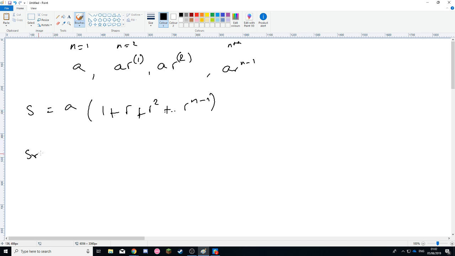Now Sr is equal to ar plus ar squared plus up to ar to the n. So S minus Sr is equal to this minus this.